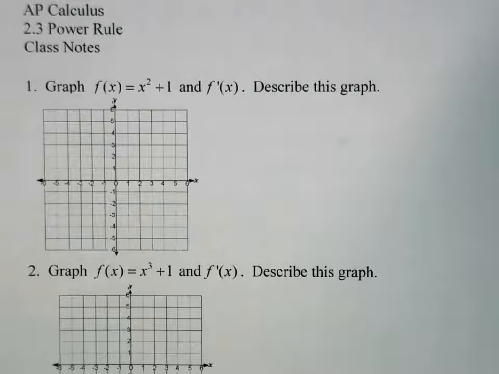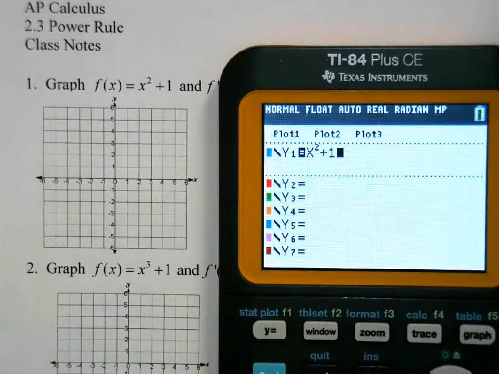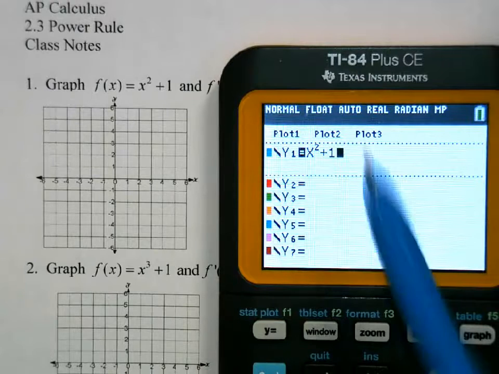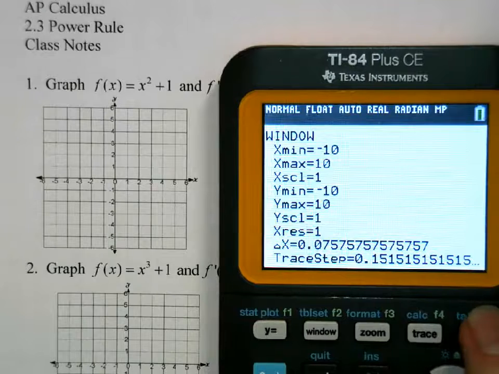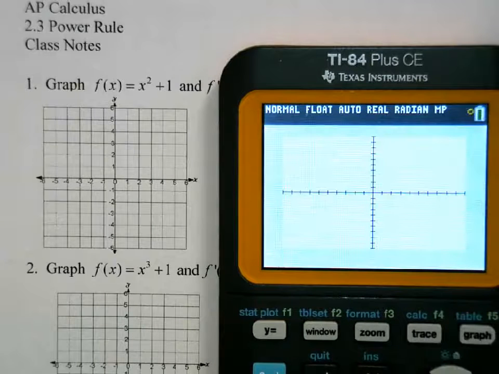First we're going to graph x squared plus 1 in the calculator. So you go to your y equals, you put in x squared plus 1. I'm going to graph this on a standard window. And there is our graph.